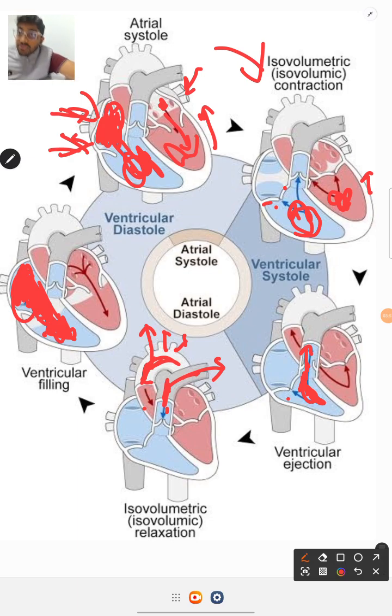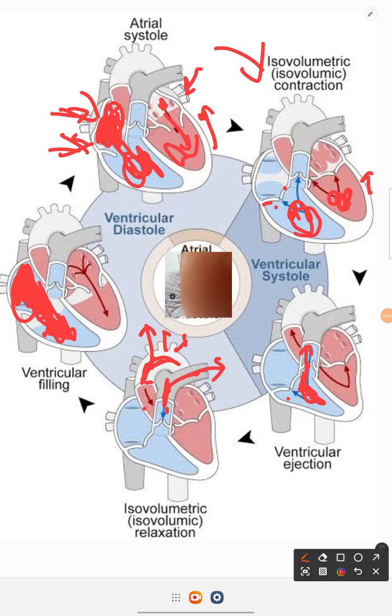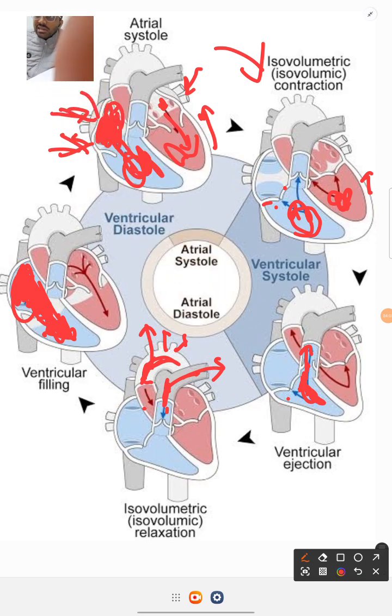That is, from contraction of the ventricle to the contraction of the atria. Listen to me, I will tell you now.